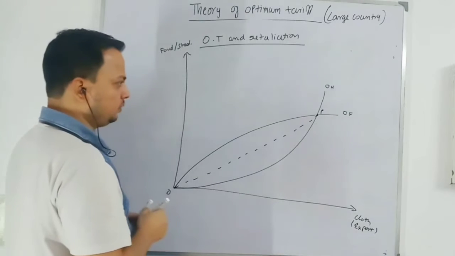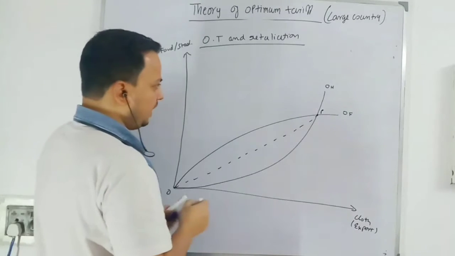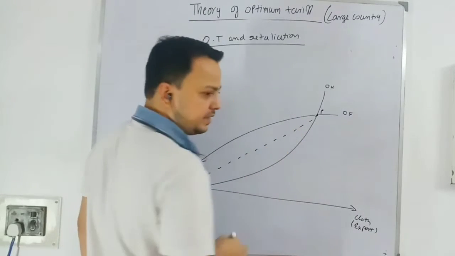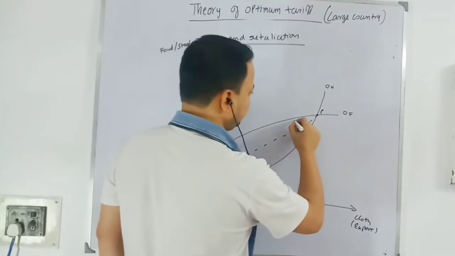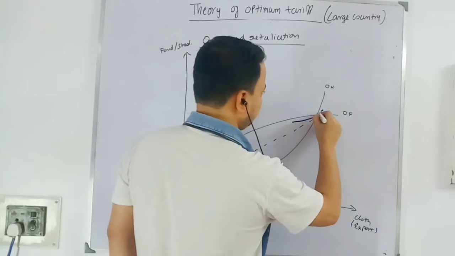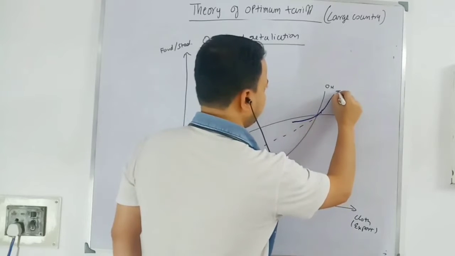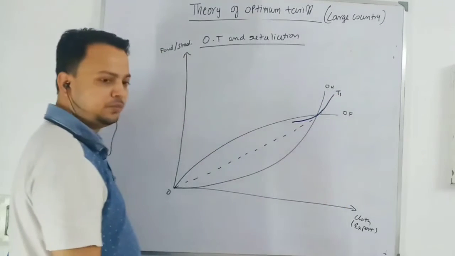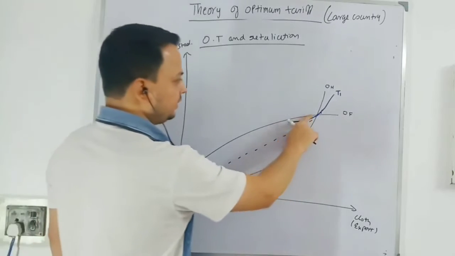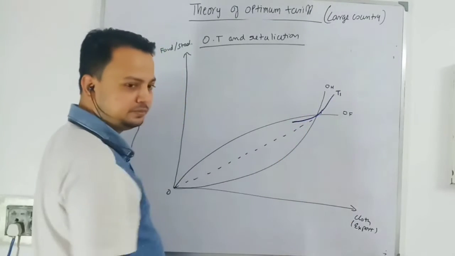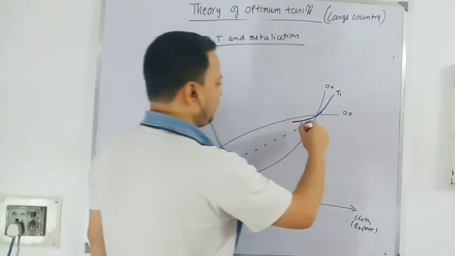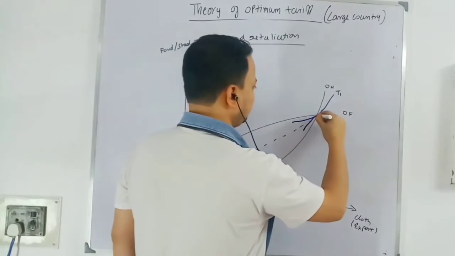Now I am drawing the trade indifference curve for the home country as well as for the foreign country. So this is the trade indifference curve for the home country. It is convex towards the export origin of the home country. Similarly, for the foreign country you can draw.